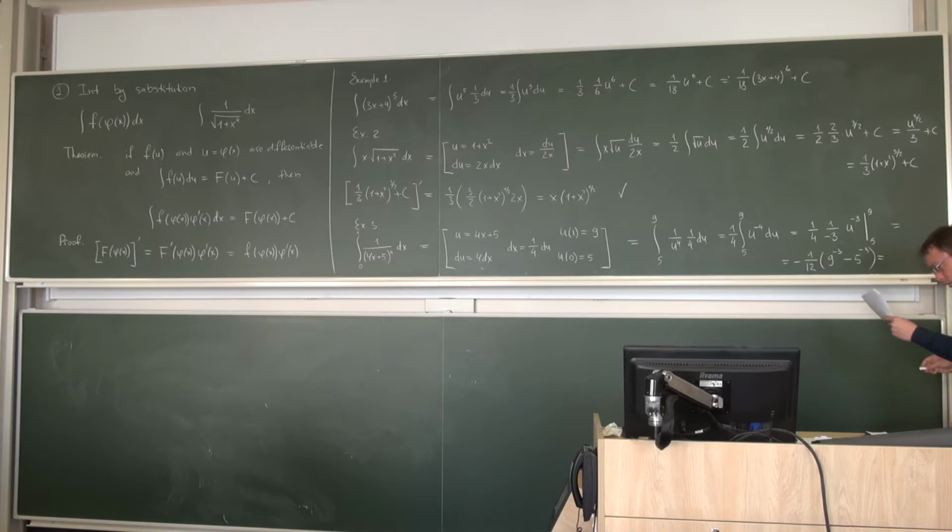After you do all the horrible arithmetic, 1 over 2, 7, 3, 3, 7, 5.